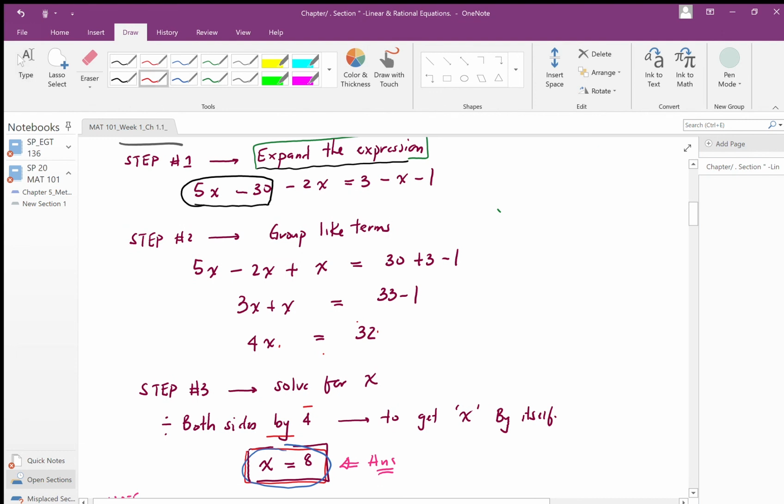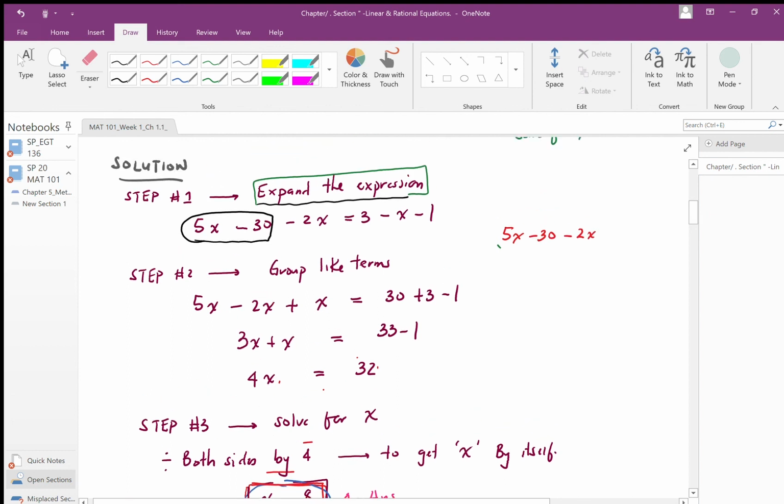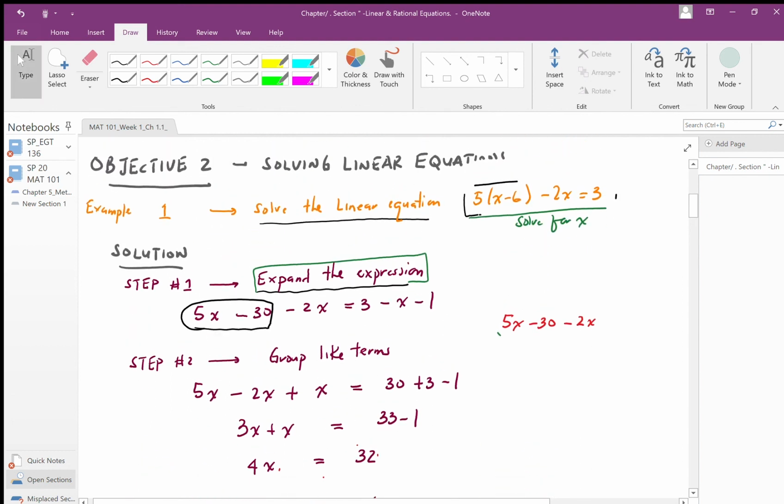Okay? And group like terms is going to be, again, we have 5x minus 30 minus 2x. Okay, so this is x minus 1 here, I'm sorry. 2x equals 3 minus x minus 1.